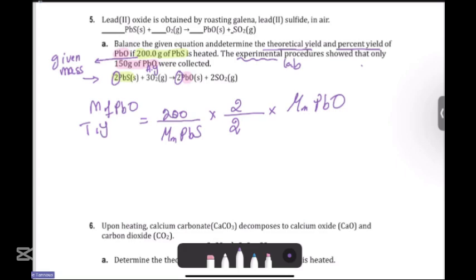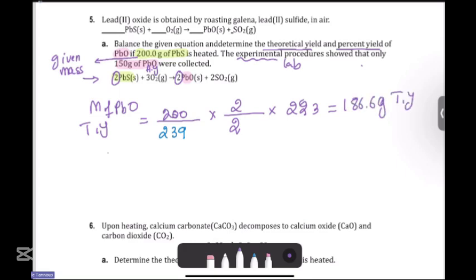So it is 207 plus 32. So here the number is 239. And for this one, it's 223. So the final answer, it would be 186.6 grams.